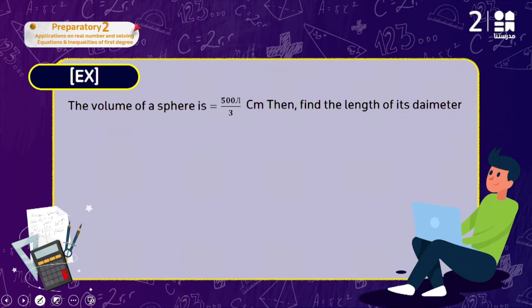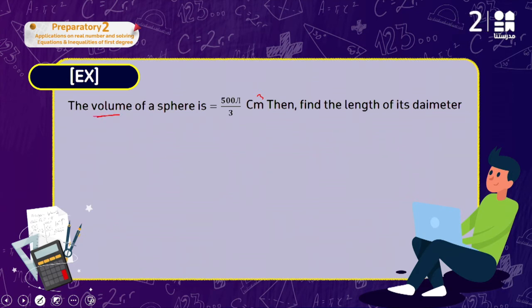Okay, the next one, sphere. The volume of a sphere is 500π over 3. هو هنا كتب الفوليوم in terms of π, centimeter cubed.